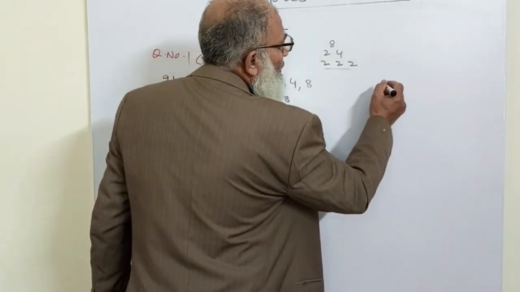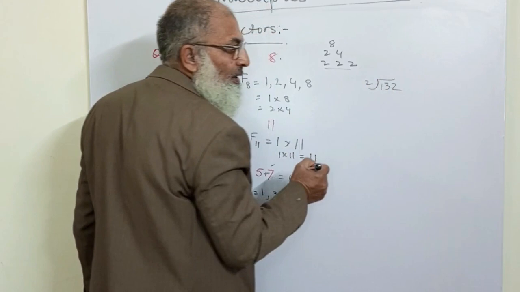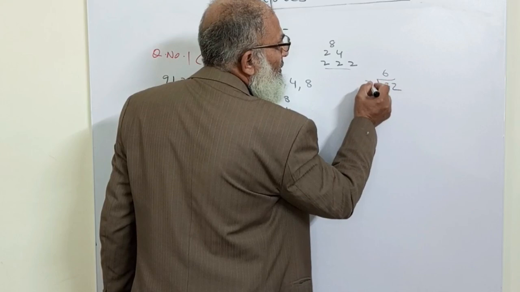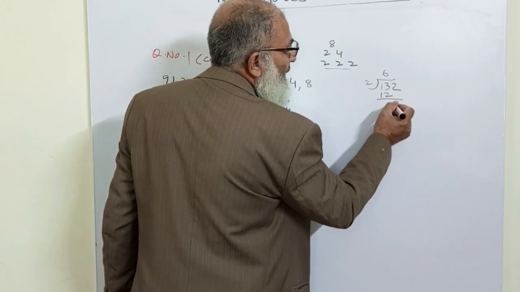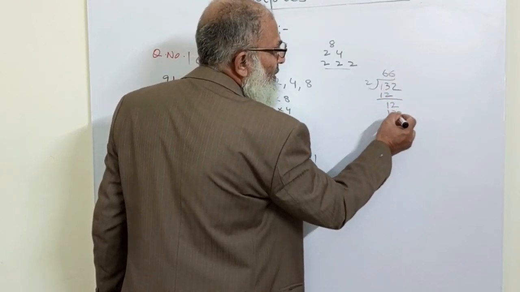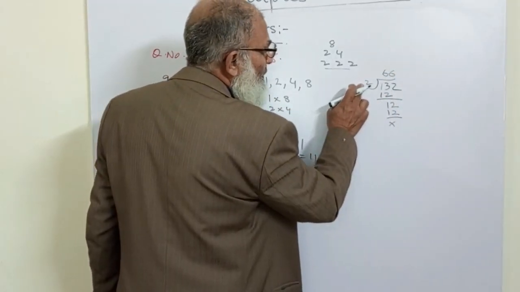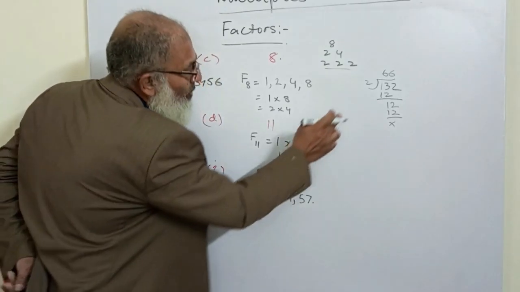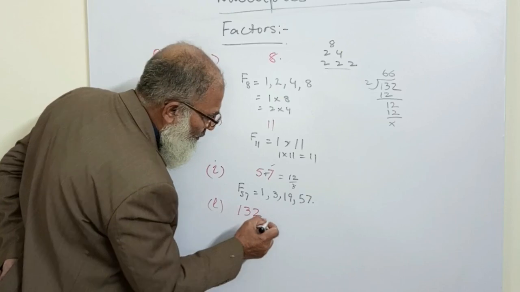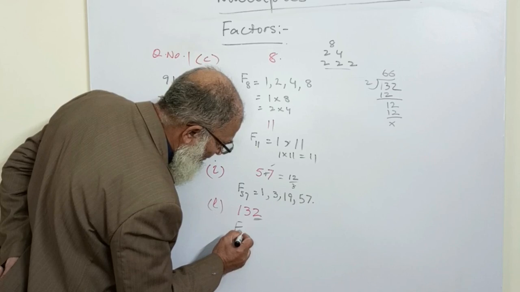So I do some rough work and see whether it is divisible by 2 or not. 6 times 2 is 12, and again it comes as 12. So again it is divisible by 6. So what comes out here is 2. The first factor, don't miss the first factor, and the first factor is always number 1.